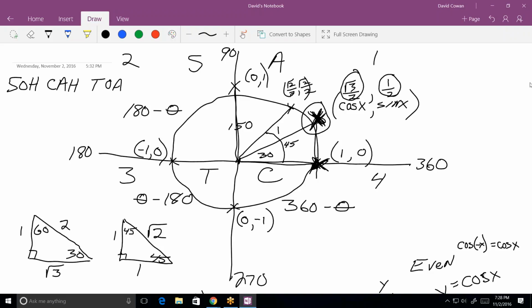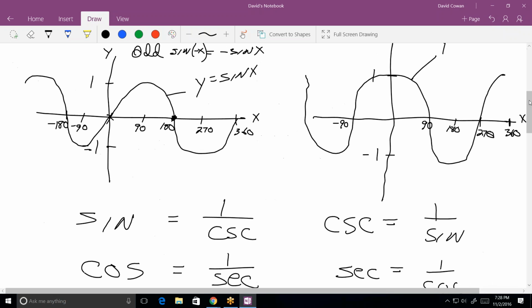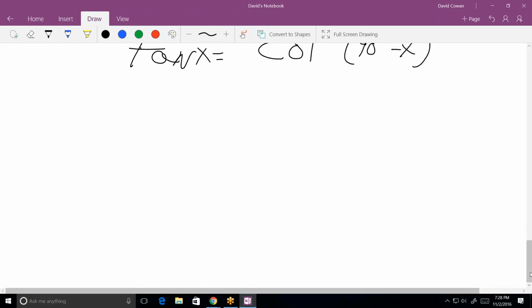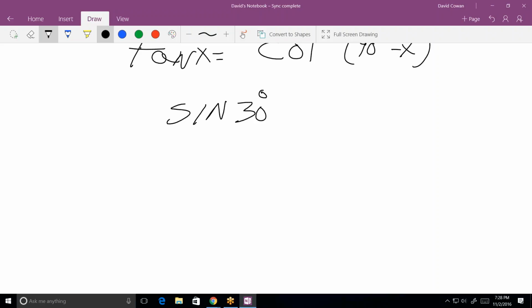Okay. Yeah, there is something really quick, and that's inverse trig functions, which might actually come up next. If the sine of 30 degrees is equal to 1/2, then by definition, the inverse sine of 1/2 equals 30 degrees.